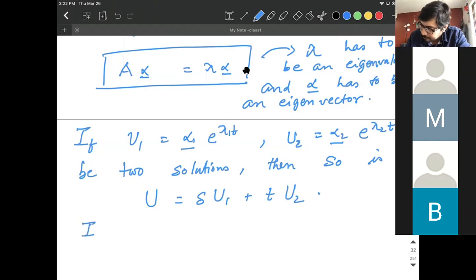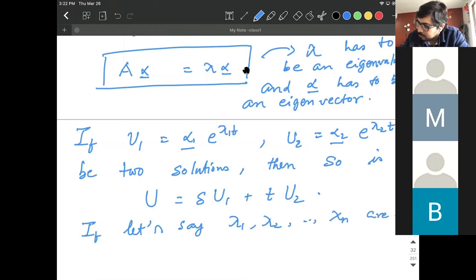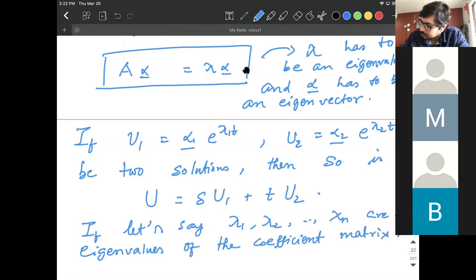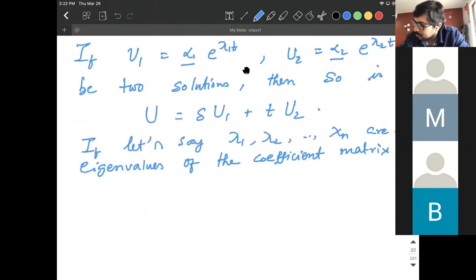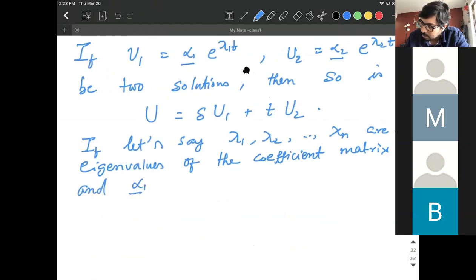So let's say lambda 1, lambda 2 up to lambda n are the eigenvalues of the coefficient matrix, and alpha 1 under bar, alpha 2 under bar, alpha n under bar the corresponding eigenvectors.